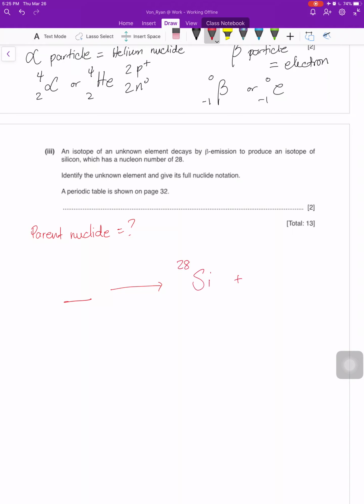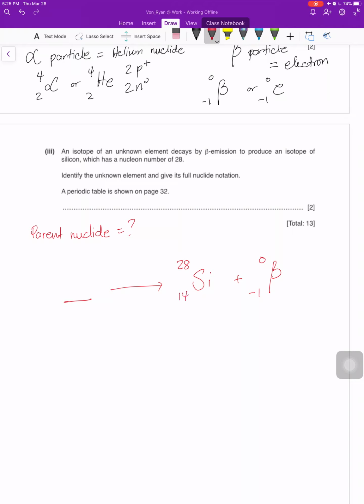Plus the beta particle, so beta 0, -1. Let me just quickly check silicon's atomic number. Oh no, silicon is 14. Okay.